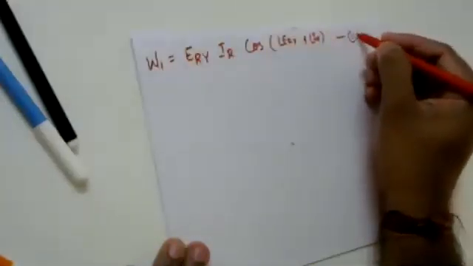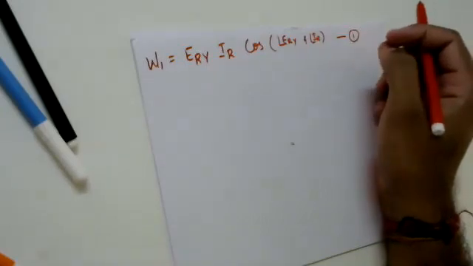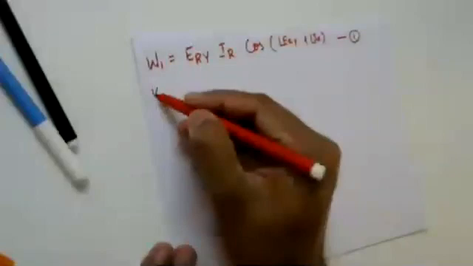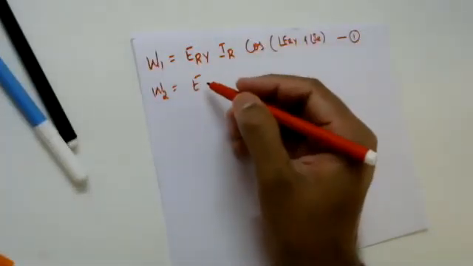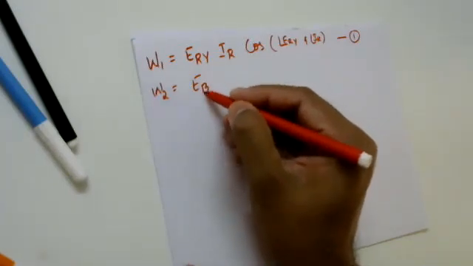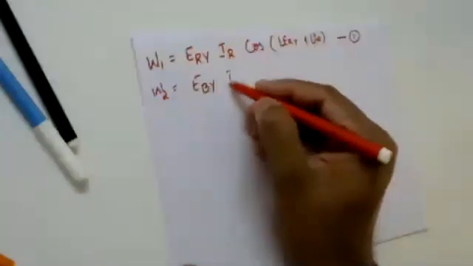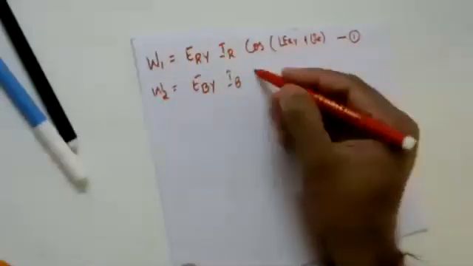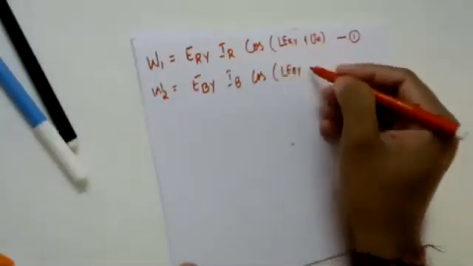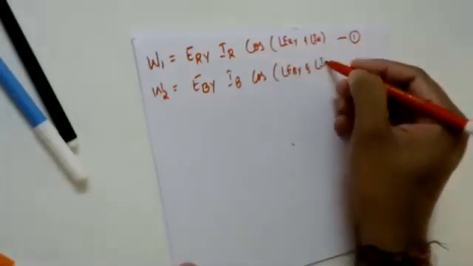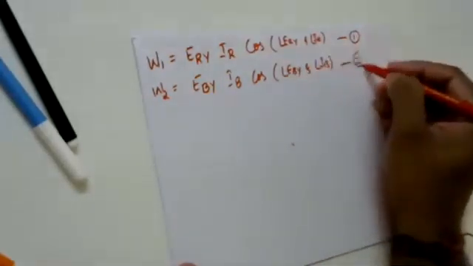Let me call this equation 1. And for W2, we had written that W2 is equal to the voltage EBY into the current IB into cosine of the angle between EBY and IB. So this was our second equation.